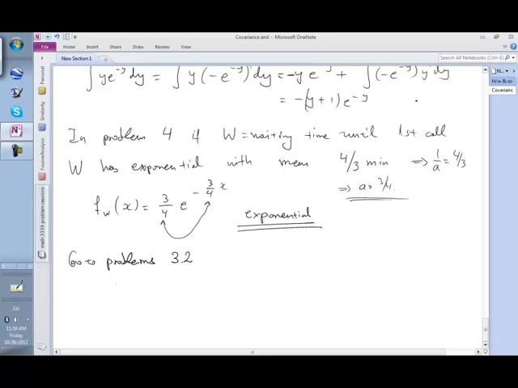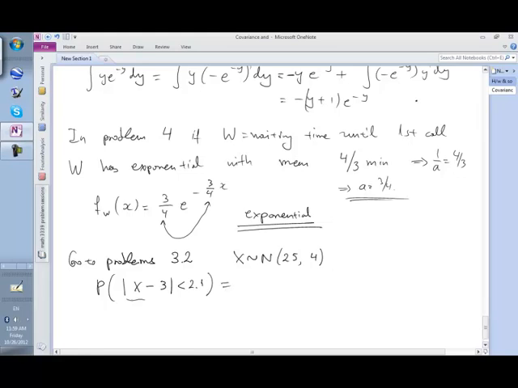So suppose that I have X, which has a normal distribution with mean 25 and sigma equal to 4. And suppose that I want to find the probability that the absolute value of X minus 3 is less than 2.1.